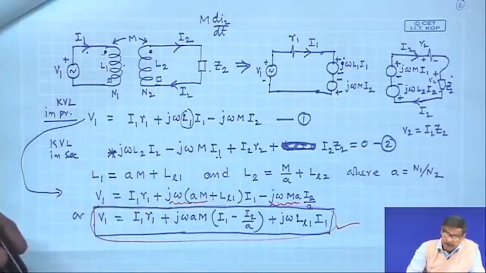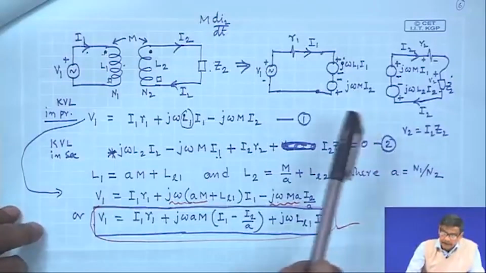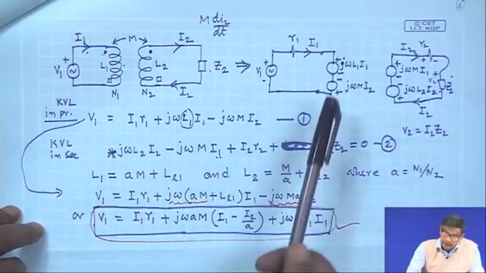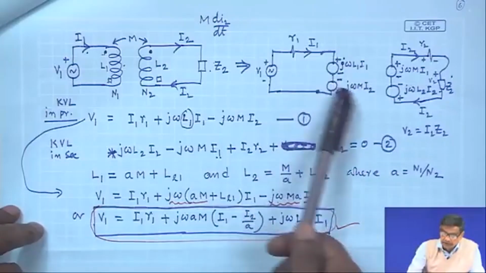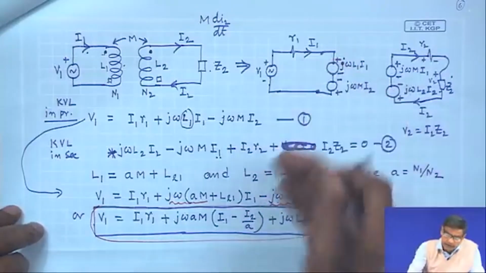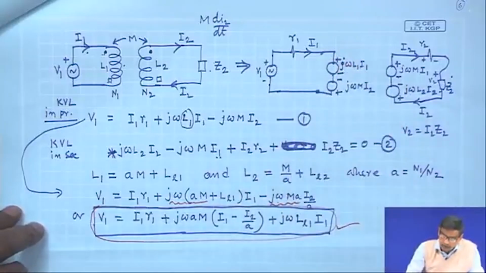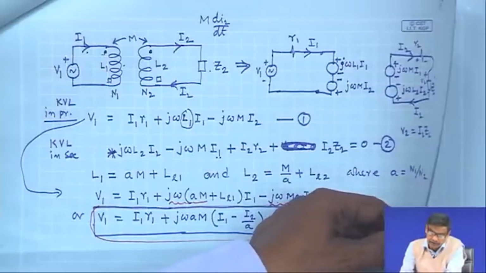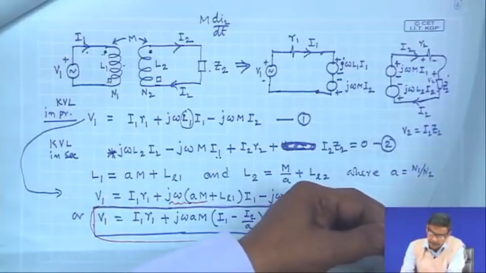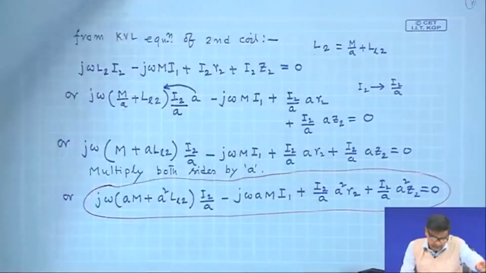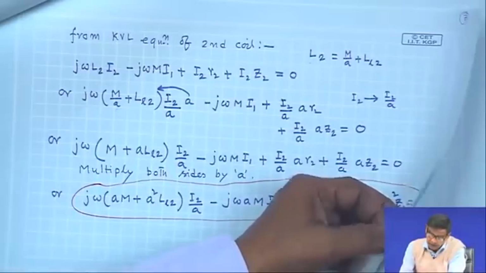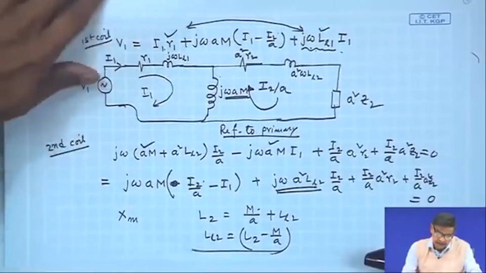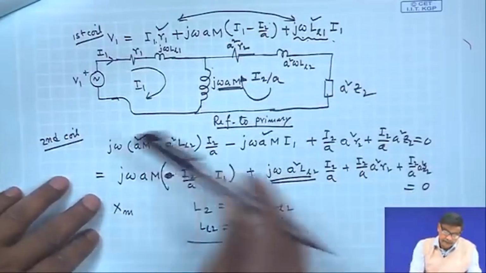Knowing those dots, I will be correctly writing the KVL equations with appropriate polarities of these voltages. Students often get confused, but I hope you practice it, so that there will be no problem at all. And finally, we found the equivalent circuit like this.